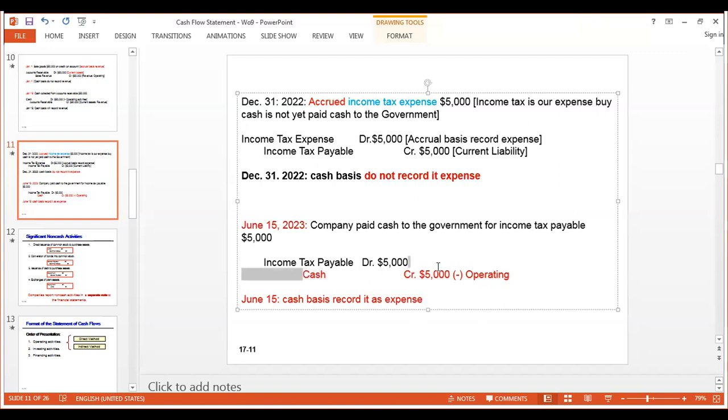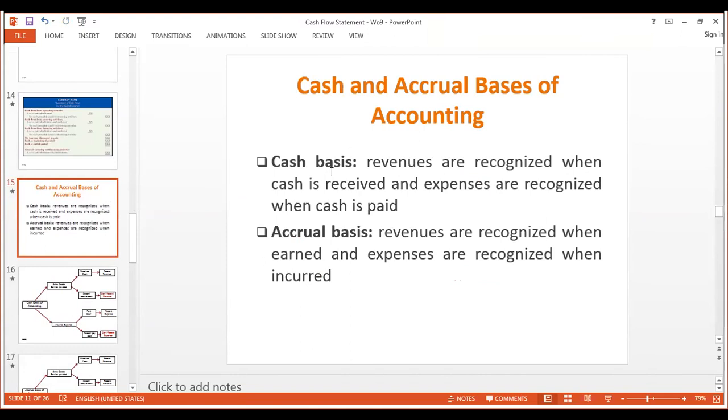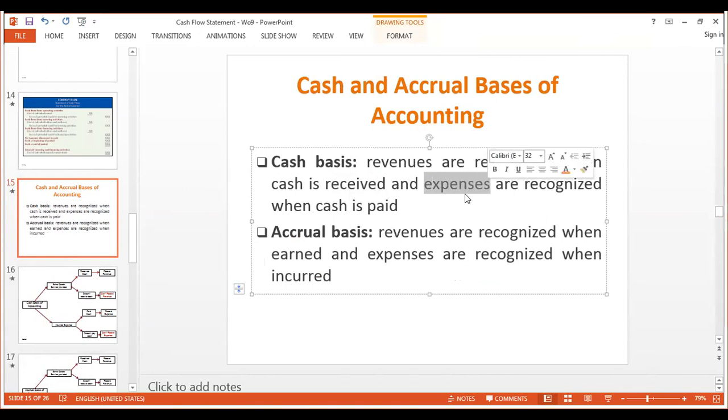Now they paid cash. So if we go to the definition, look here, cash basis records revenue. When do they record revenue? If they receive cash, right? Cash basis records expense. When do they record expense? If they paid cash. But what about accrual basis?